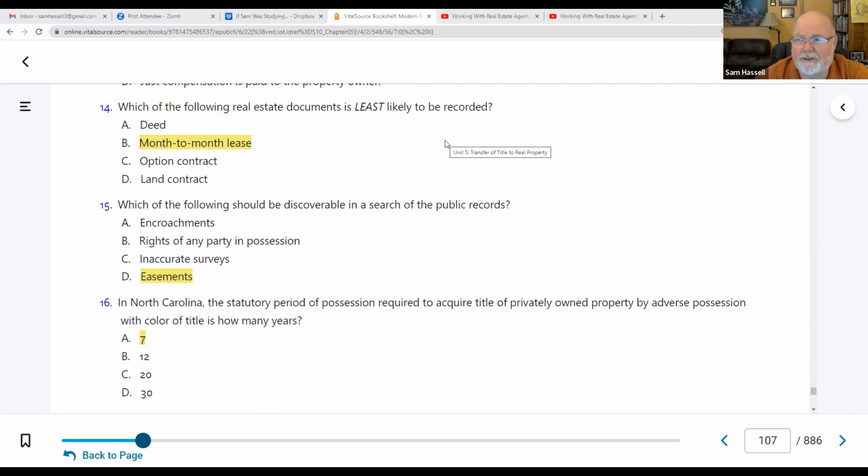Just because they can doesn't mean they should. Even if you sign a 1 year lease, you're going to sign a written agreement. But the point is that a month to month does not have to be written or recorded. Okay. All these other contracts are probably going to get there.